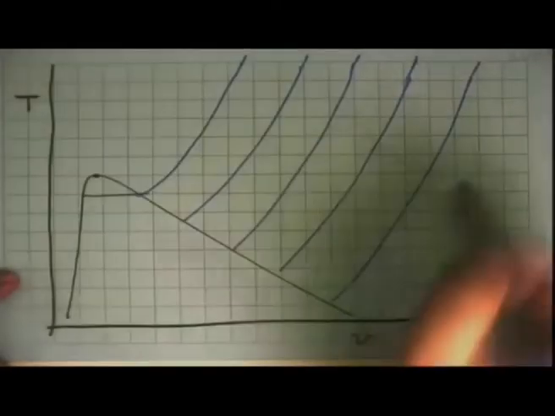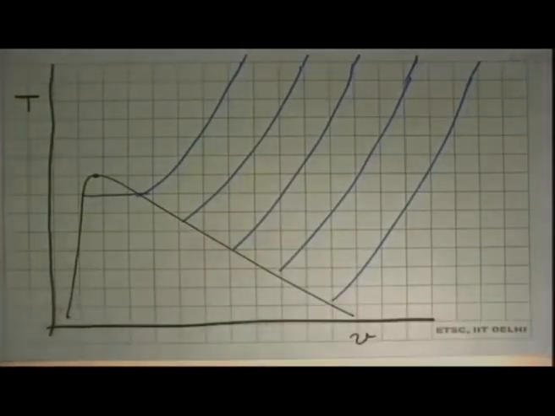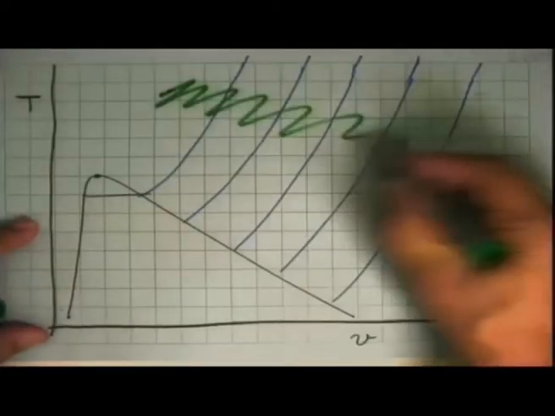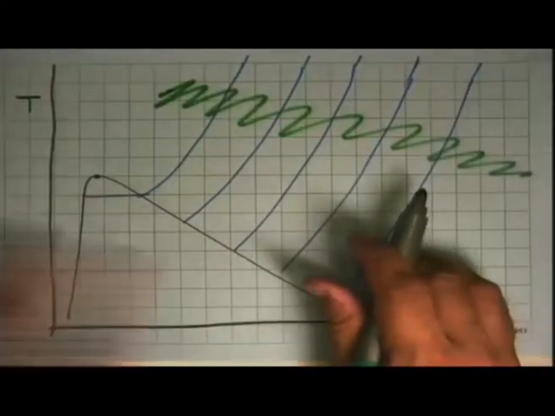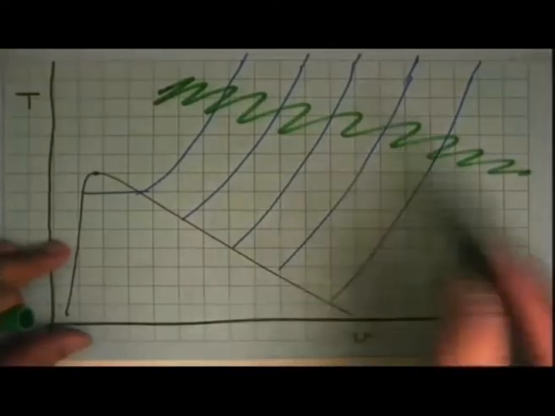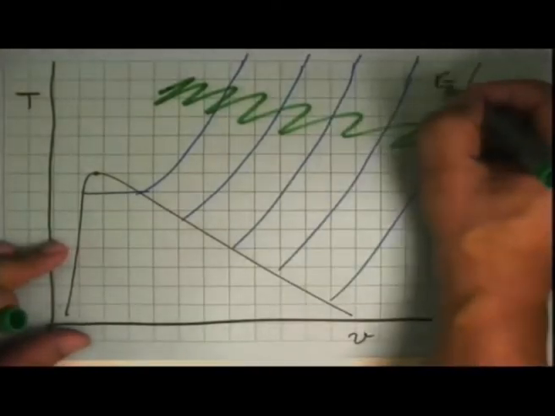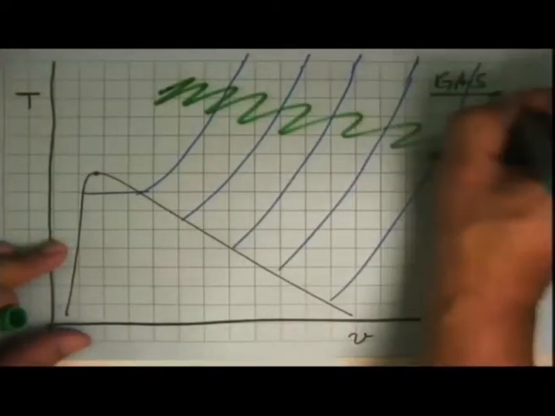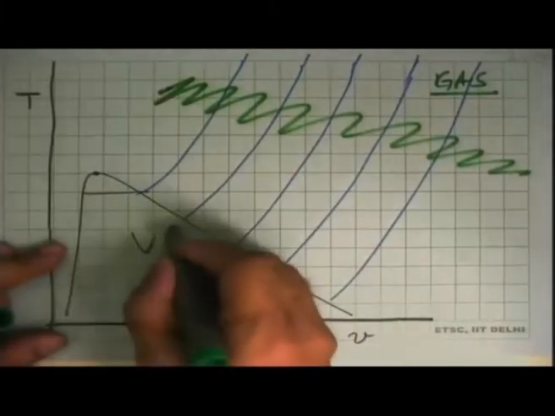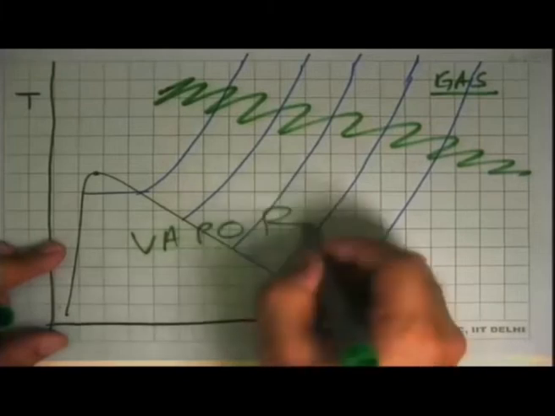A similar thing was happening on the TS diagram. So what it tells us is that roughly here there is a region, and there's no hard and fast rule that this is like this and this is in that part. That's why I'm drawing this a little bit zigzag. Here somewhere we can start looking at the substance as a gas, and in this whole region we have to think of it as a vapor.